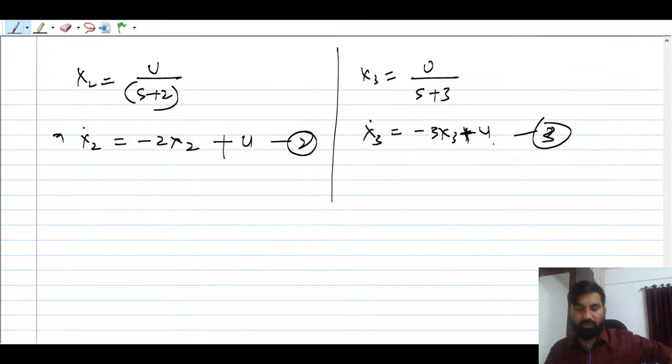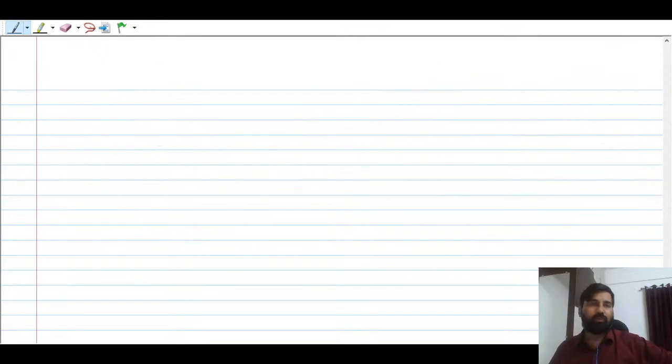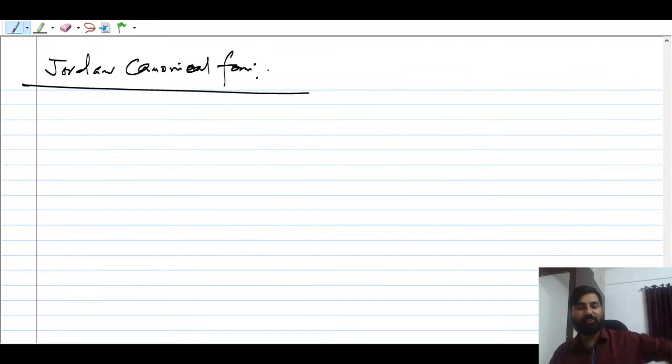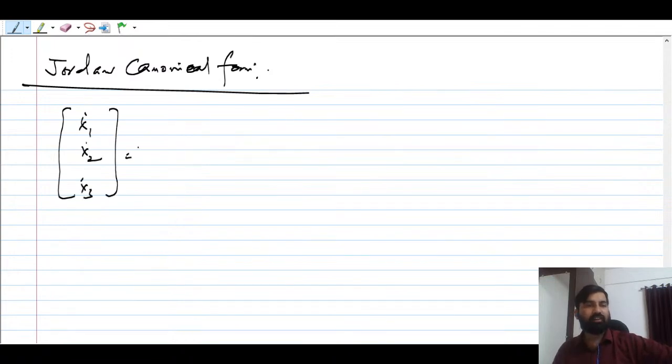Now what you can do is write it in Jordan canonical form. So there will be a Jordan block, we call it partition of the matrices. Here I'm going to write all these state vector differentials, there are 3. Next one is going to be what?